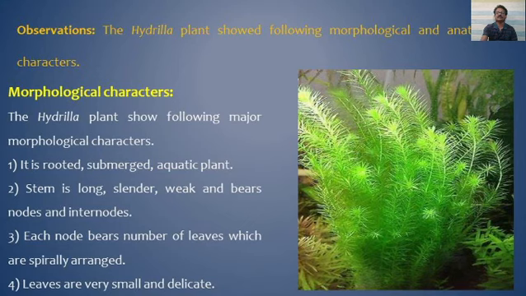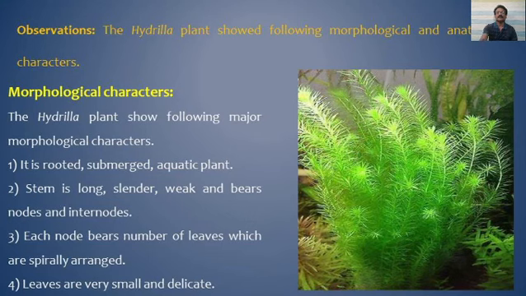From that root come a number of branches, or stems or axes, and each axis is composed of a number of nodes and internodes, and on each node it bears small leaves. The leaves are very small and delicate.